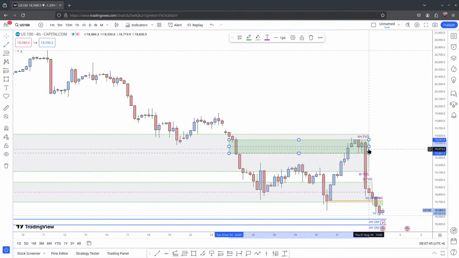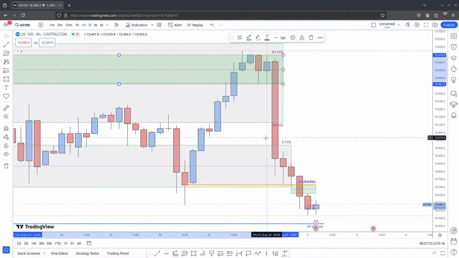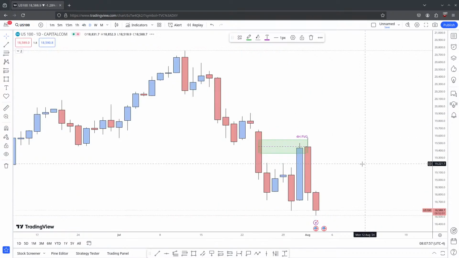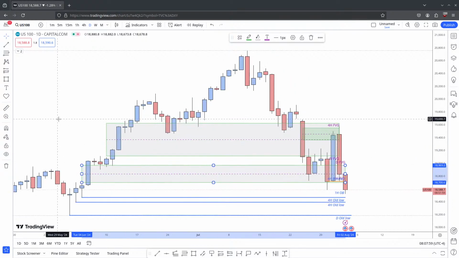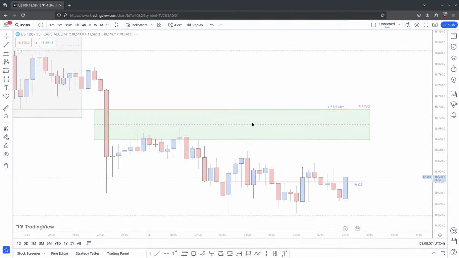Extend that through. And then we also have this low as well as this one over here. And this would be a daily fair value gap. Let's just look at that daily fair value gap. This gap over here, extend that through in case it wants to act as a possible inversion to send price down lower.